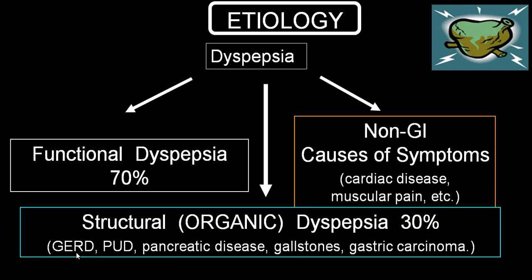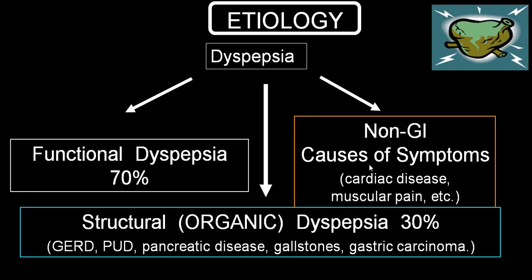So we call fully investigated group: GERD, peptic ulcer disease, pancreatic disease, gallstone, gastric carcinoma, etc. But in functional, we call idiopathic. So that will be that group. But there will be one another group, what is called as a non-GI, which can also produce little amount of dyspepsia.